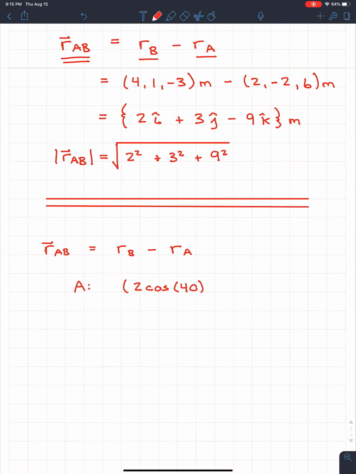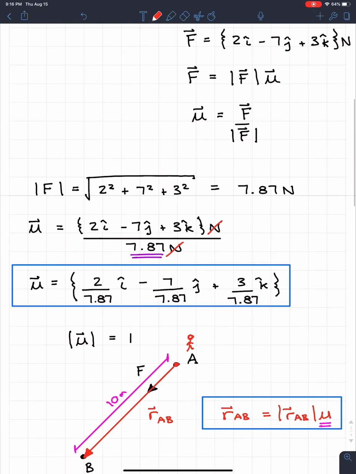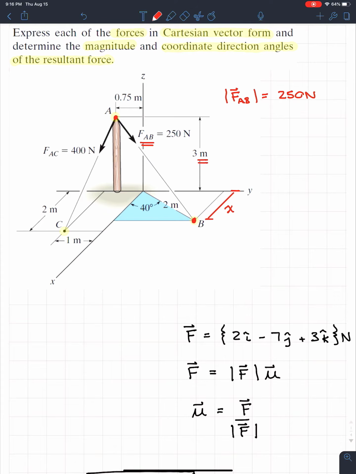Similarly, the y coordinate is going to be 2 times sine of 40. If you want proof, when we look at the y, it's the distance along the y-axis, from this point to this point here, and we can solve that using trigonometry. It's 2 times the sine of 40.